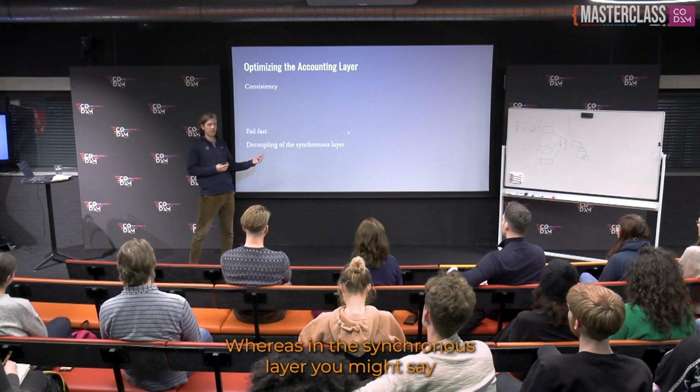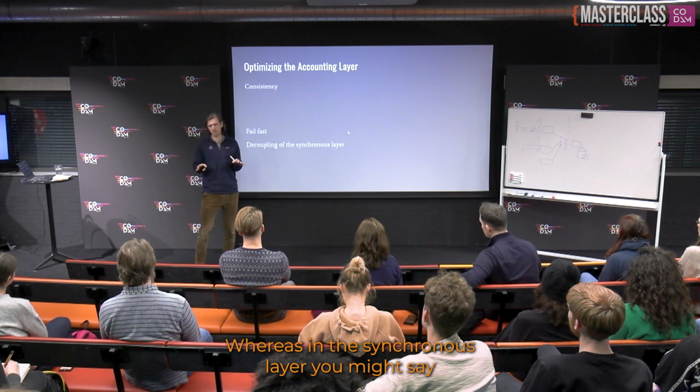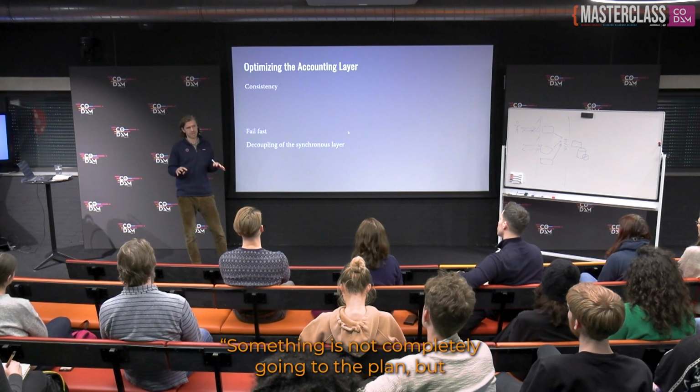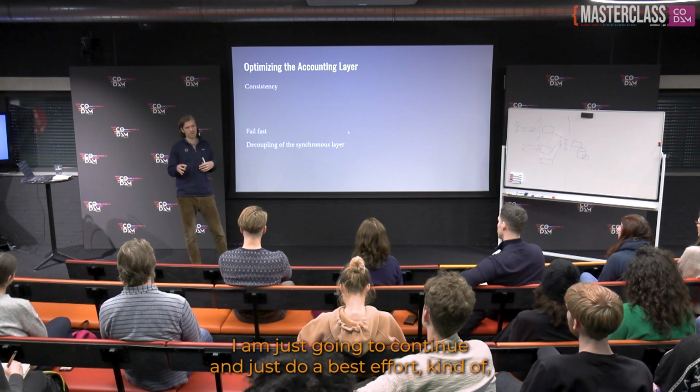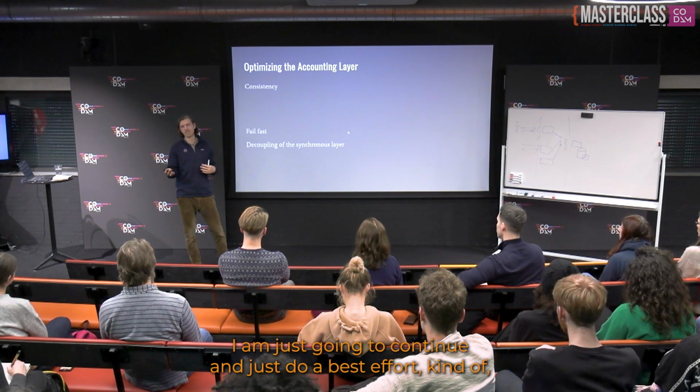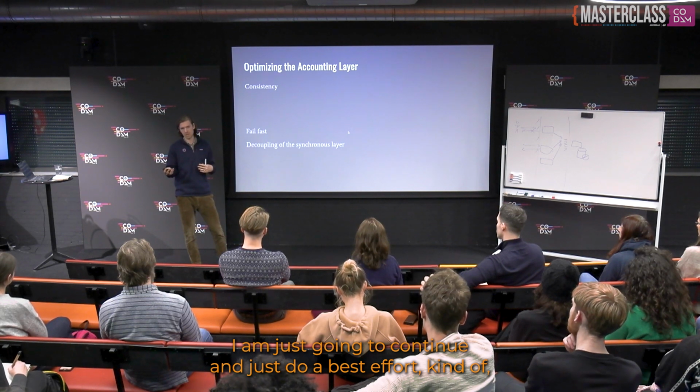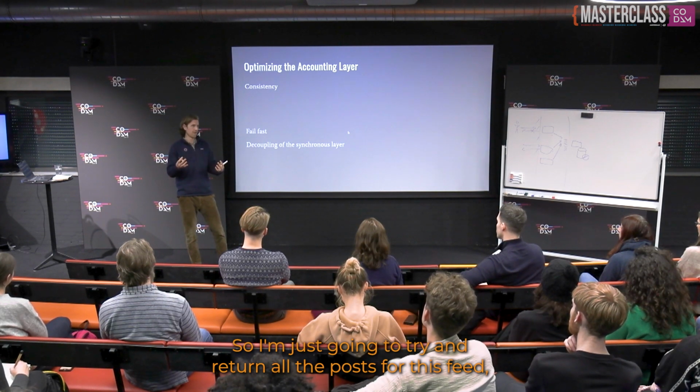Whereas in the synchronous layer, you might say, something is not completely going to plan, but I am just going to continue and do a best effort, kind of. So I'm just going to try and return all the posts for this feed.